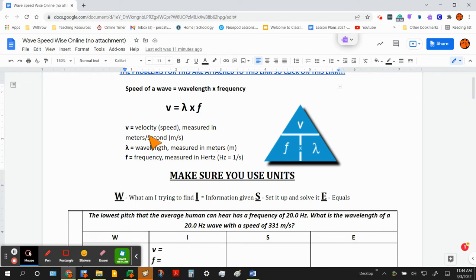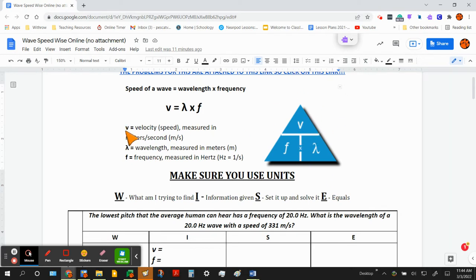If you are trying to find something, so whatever the question asks you to find, you're going to cover it up in the triangle with your finger or your mouse. What is remaining is the formula you will use to calculate that thing. So you're going to cover up whatever it asks.